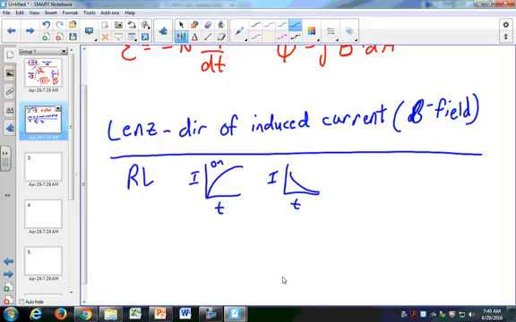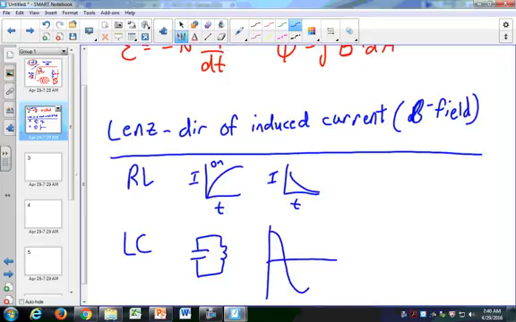Then we also did LC circuits, an inductor and a capacitor. So that looks like a circuit that had just an inductor and a capacitor. And remember, with these, the energy oscillated back and forth.